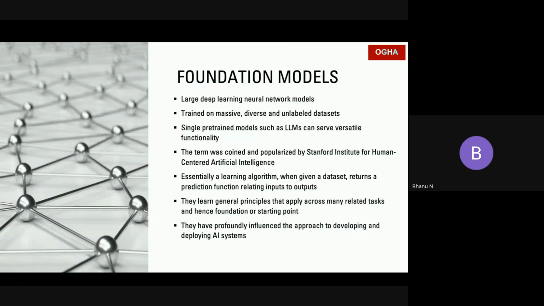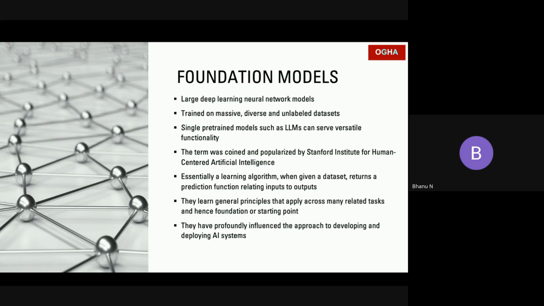And they learn general principles. The way we talked about rule-based programming, you don't have to explicitly program. When you feed a lot of text, they understand the grammar and the general principles well, and then they apply them across many related tasks. That's why they are called foundation models.